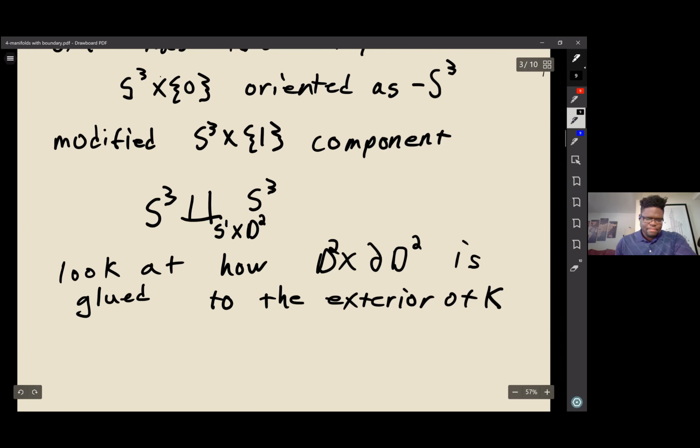Right, so the boundary of the 2-handle decomposes nicely as two solid tori. This S3 that we're gluing to decomposes as a solid torus union the exterior of the knot. And to understand what results, I need to understand how this free part of the boundary of the 2-handle is glued to the exterior of the knot.